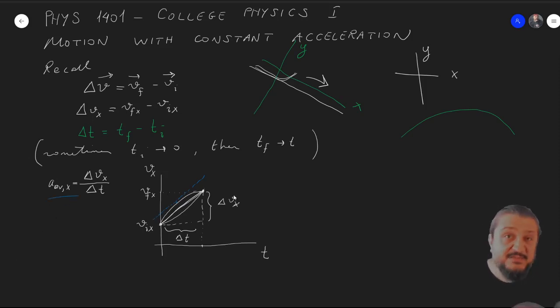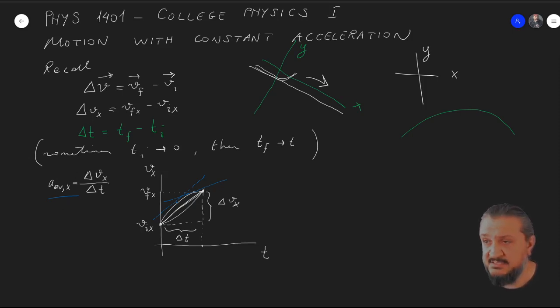But that depends on the time you pick, right? At a later time, for instance, right here, if you consider the tangent line here, well, the second line obviously has a smaller slope, right? Less slope. So the slope changes when time elapses. This means the acceleration at that instant changes.